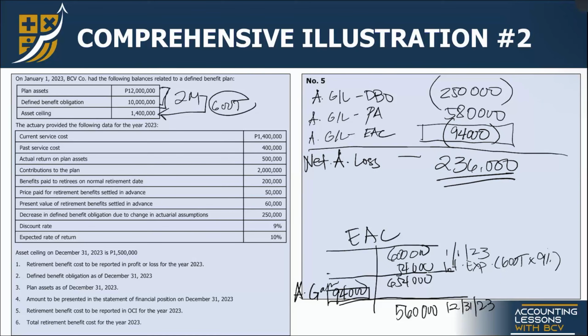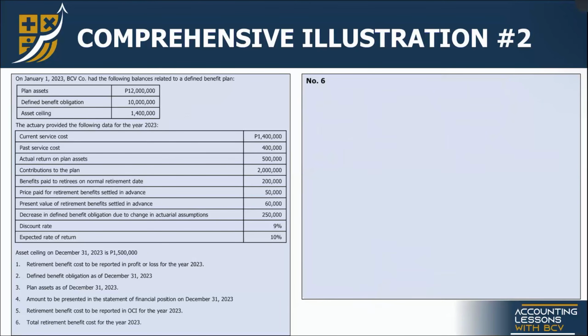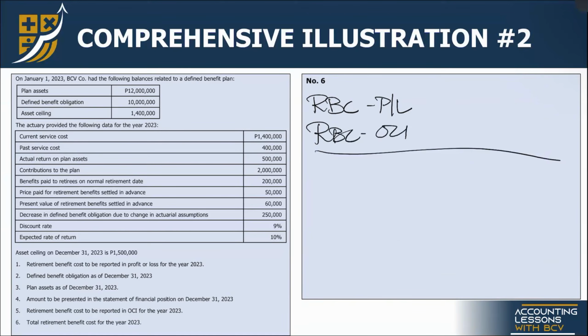Okay? Last item, total retirement benefit cost. So, combine lang natin yung sagot ng number 1 at ng number 5. Magkano nga ulit sagot natin sa number 1? Di ba 1664? Yan. Then sa OCI, number 5 natin, sagot natin is 236.